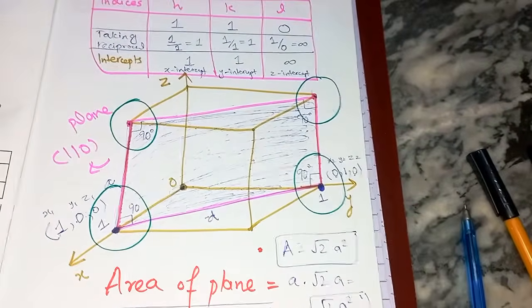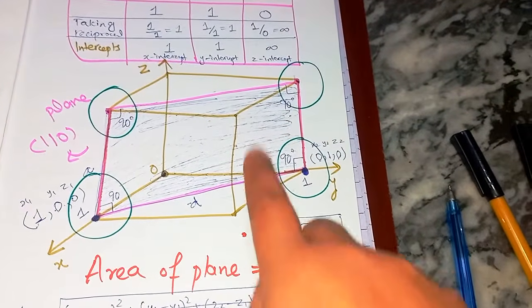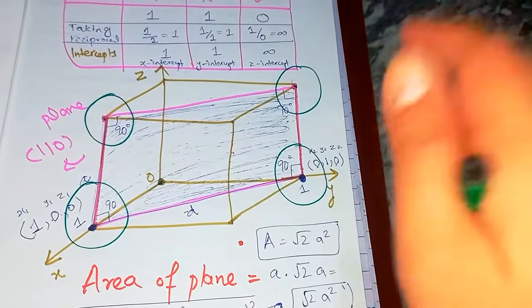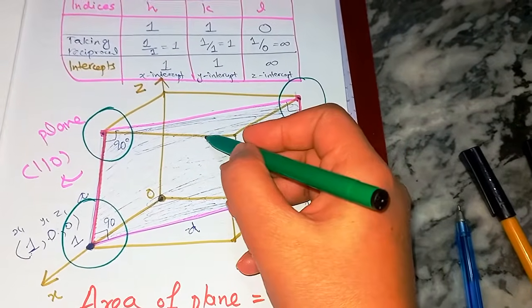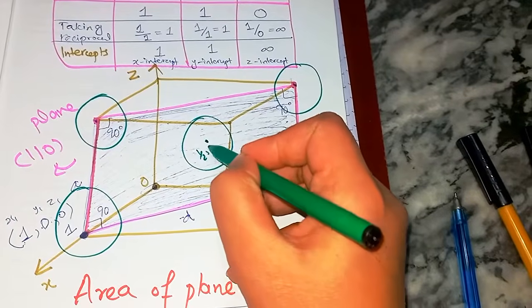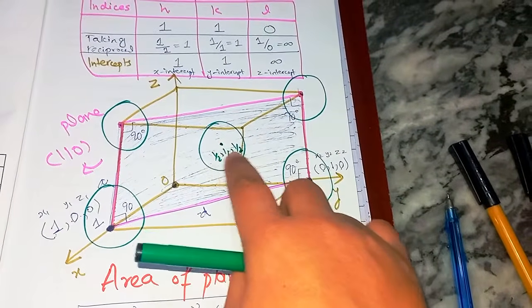Okay, what about the central atom? Is there any chance that this plane is not passing through the center of this cube? The center atom which you have in here, its center is lying at the 1 by 2, 1 by 2, 1 by 2 point. Okay, it's exactly at the center of the cube.